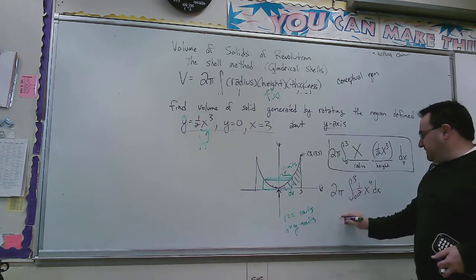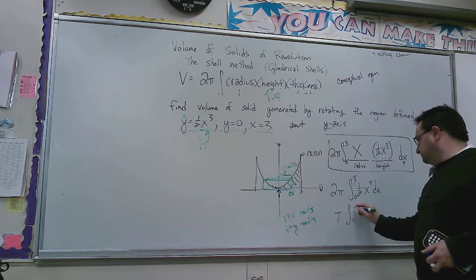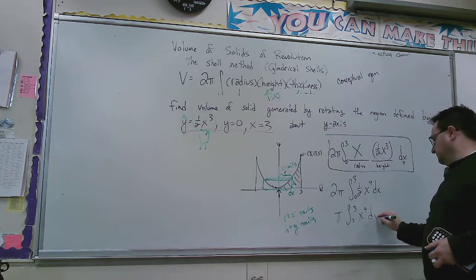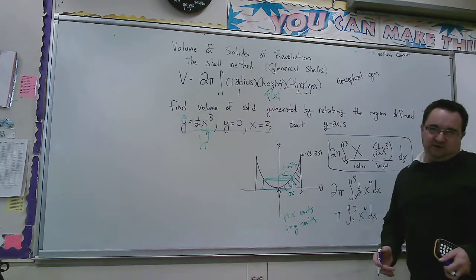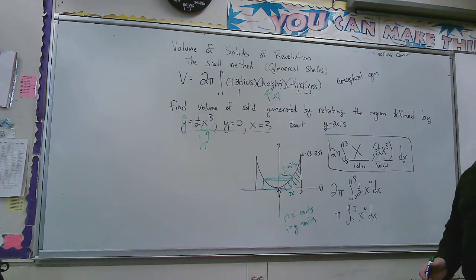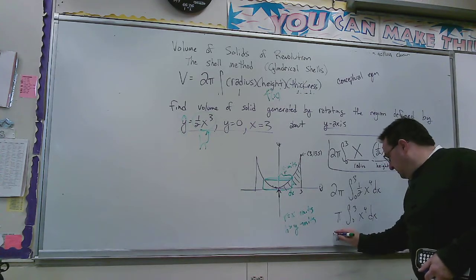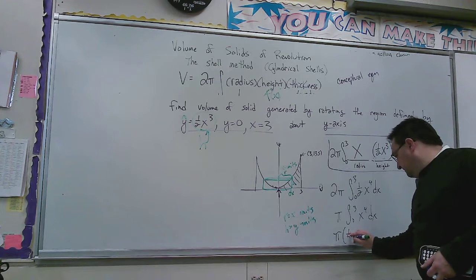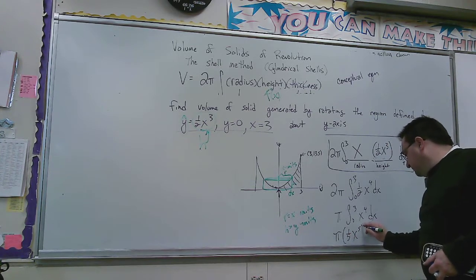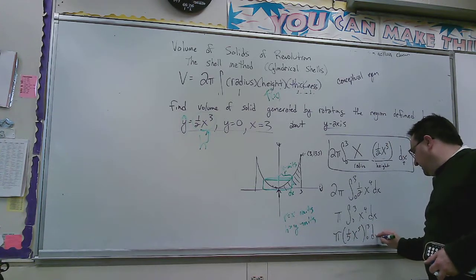I could pull this out. And I could do this in a calculator, but this doesn't look that hard to do by hand. So this would be pi times 1/5 x to the 5 from 0 to 3 dx.